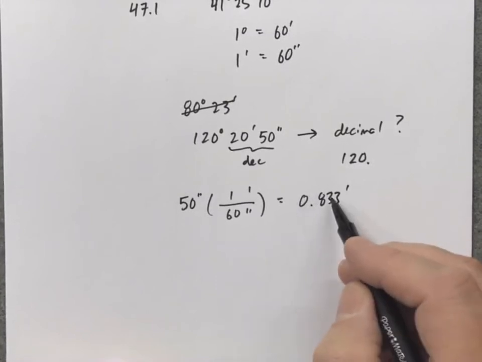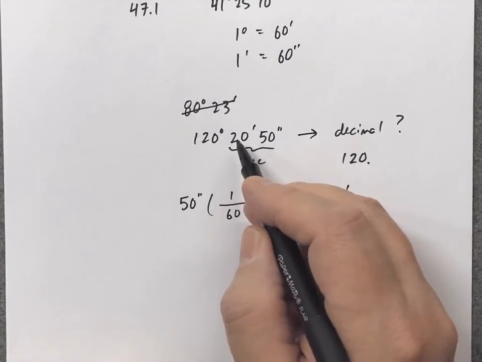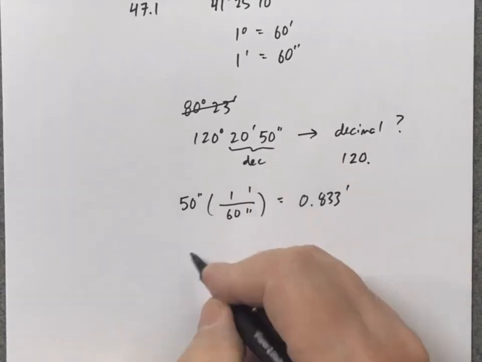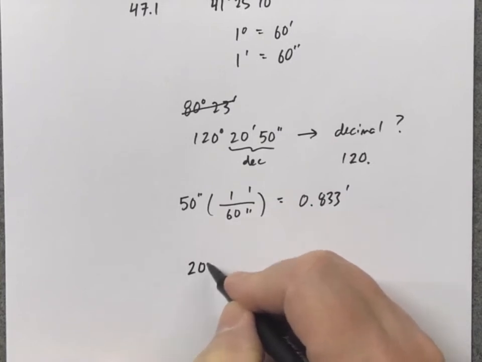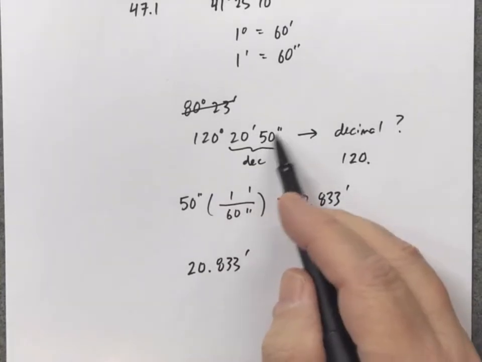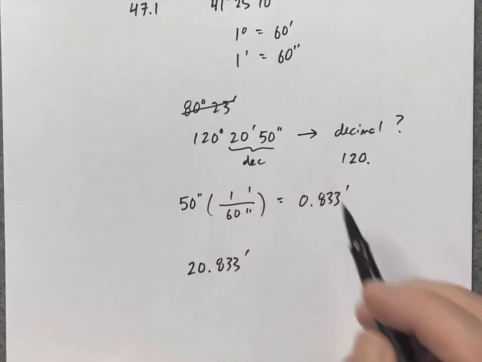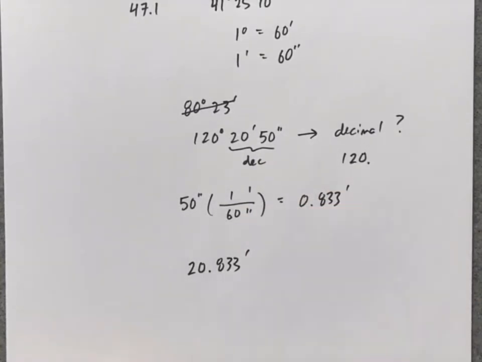Now I'm going to take this 0.833 minutes and add it to the minutes part of my original angle. So now I'm going to have 20.833 minutes, right? Since I converted 50 seconds into 0.833 minutes, this whole thing is 20.833 minutes.